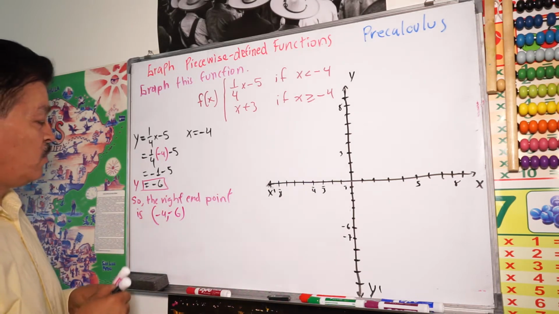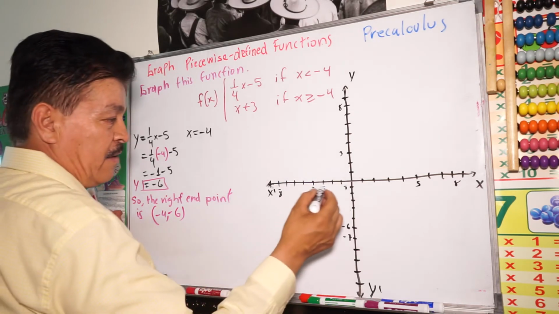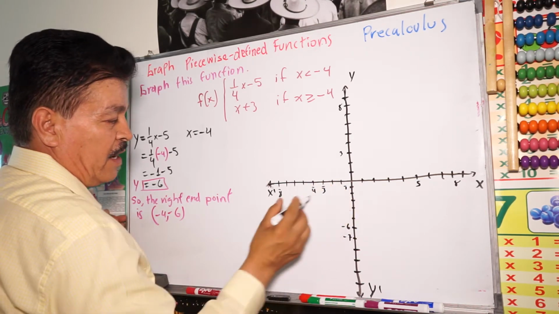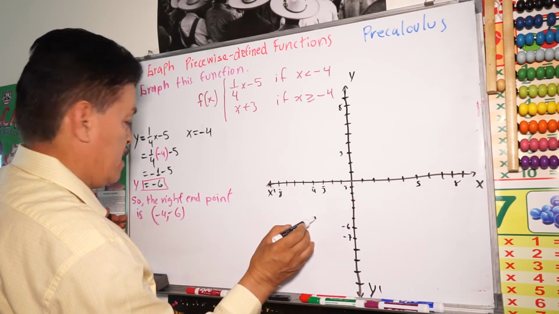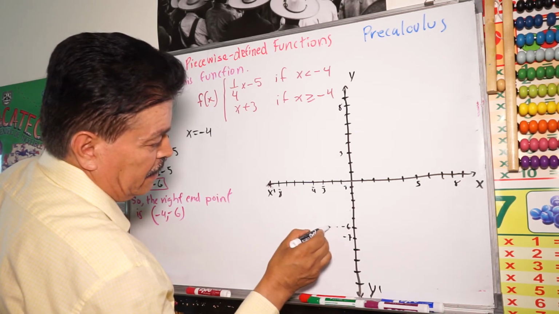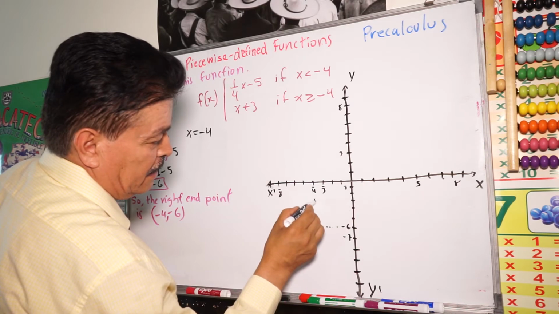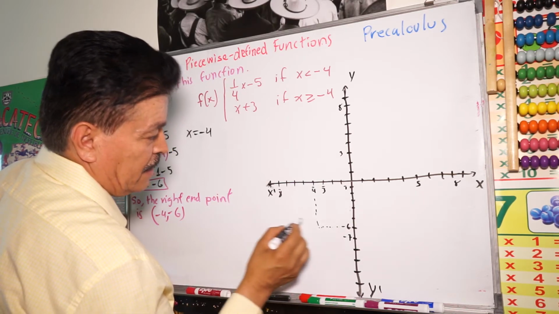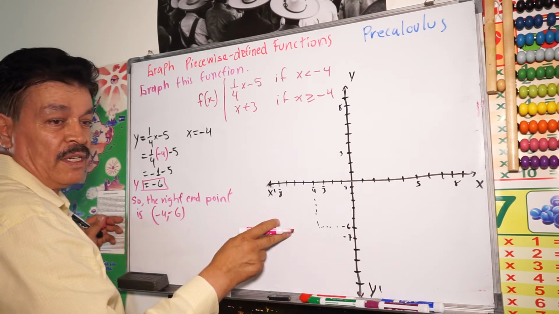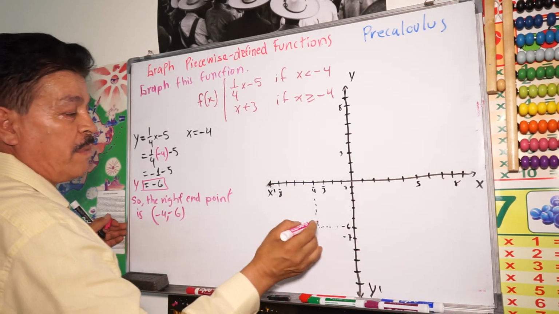So we have to write the point right here: negative 4, so 1, 2, 3, 4, and then negative 6, like this. And then, like I told you before, this point is going to be open.